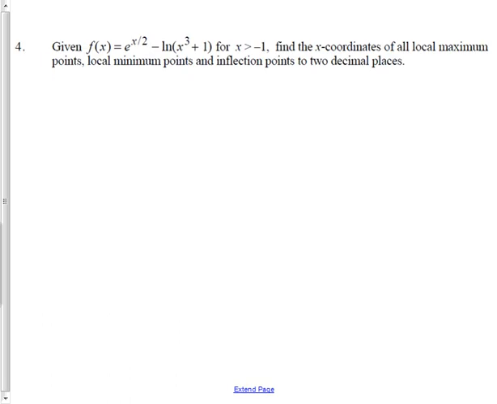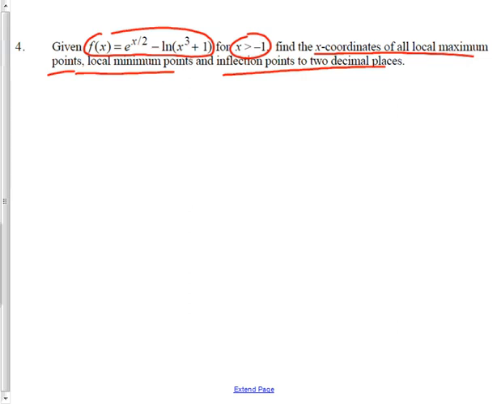Okay, so let's do some math together. Given some function, and we're going to be using our calculator for this, for x greater than -1, we want to find the x coordinates for local max and min, and the points of inflection. Before we get started, to find a local max, our first derivative goes from positive to 0 to negative. So it has a positive slope, a zero slope, and a negative slope, giving my function a local max.